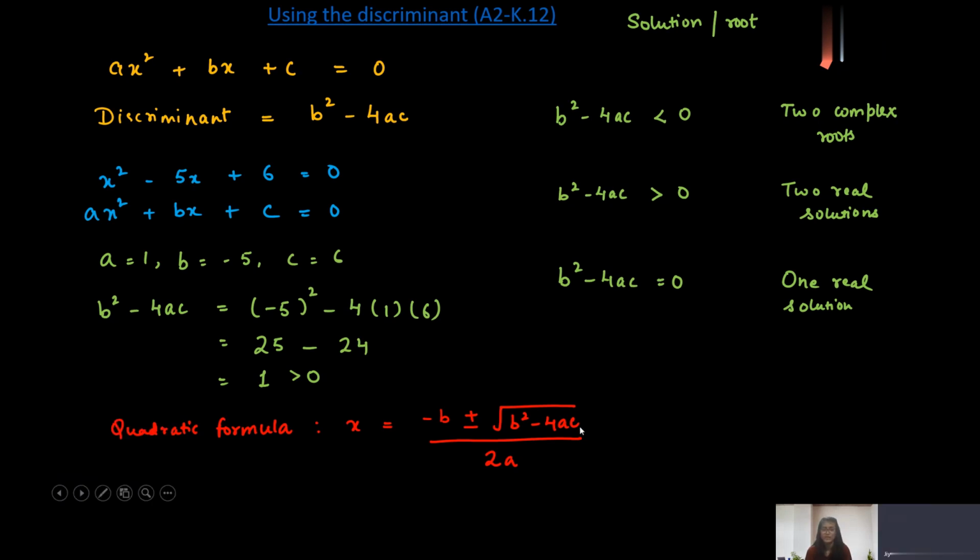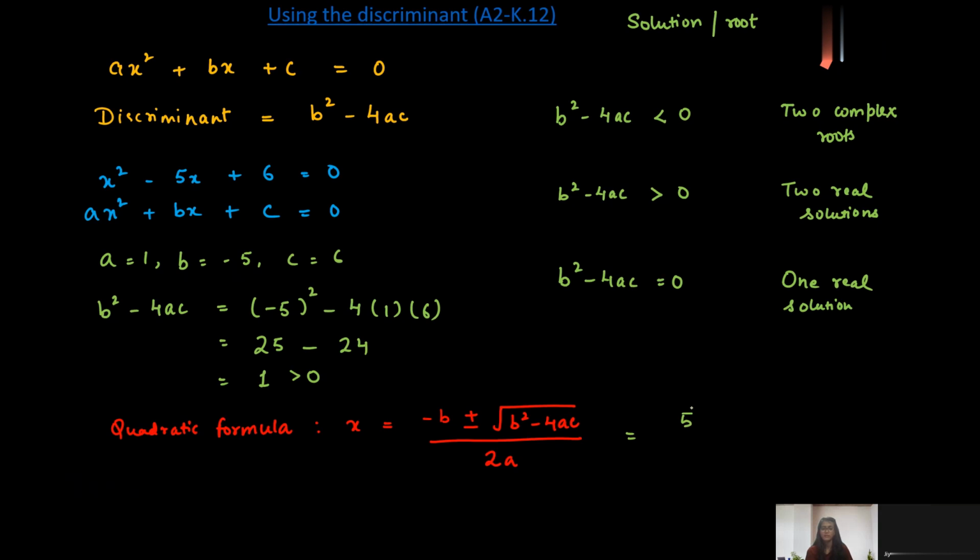Okay, so let's do this. In place of b, we'll just put -5. In place of a, we'll put 1. And in place of c, we'll put 6. And if you see this b square minus 4ac, we have already found out its value, that's 1. We don't need to find it again. Negative b, that means negative of -5, so that would be +5.